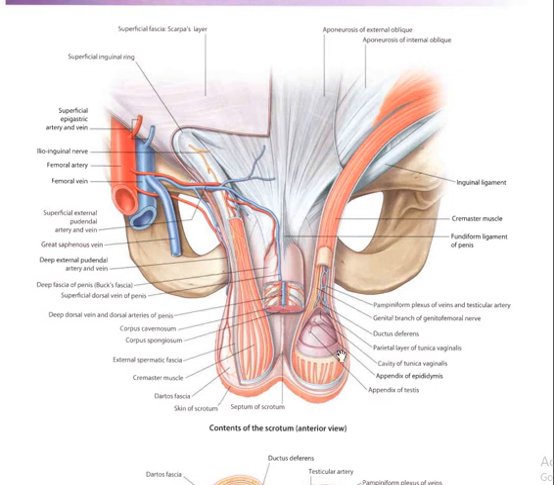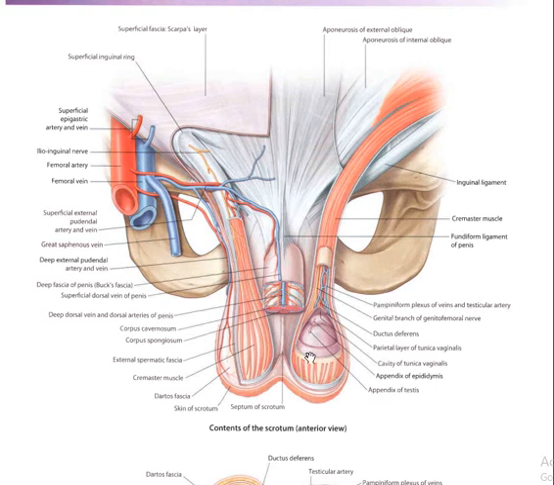Now cutting internally here, you'll see the tunica vaginalis first. The tunica vaginalis is going to be formed due to the processus vaginalis, which is used in the embryologic origin for the movement of the testes from the abdomen to the scrotum.